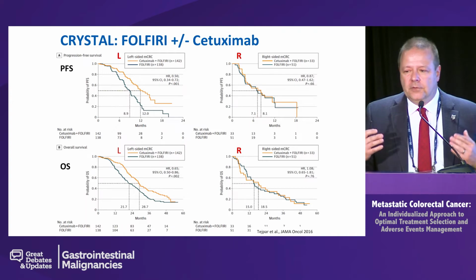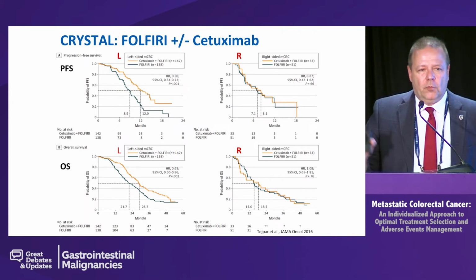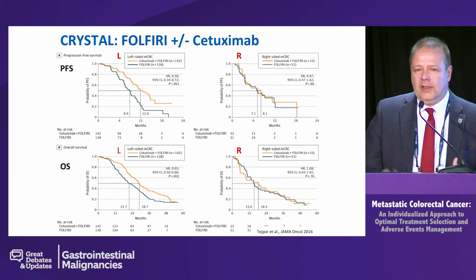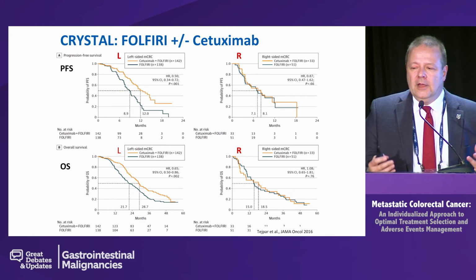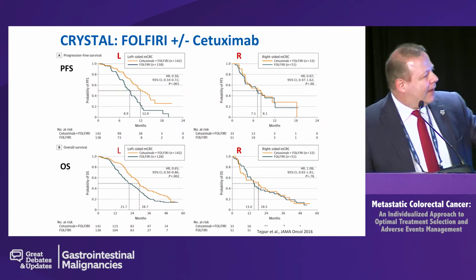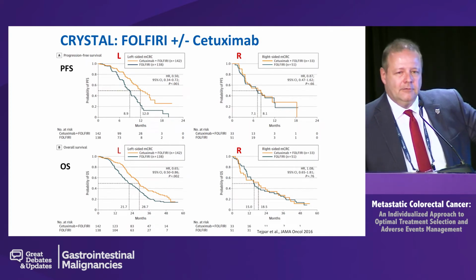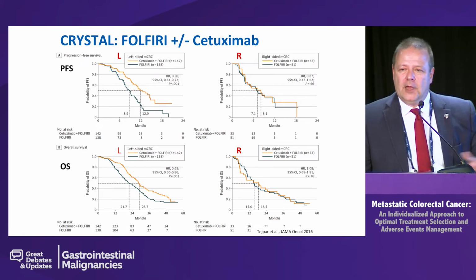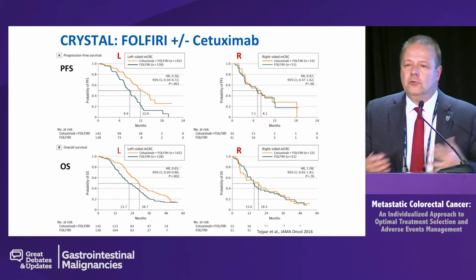Eric's CRYSTAL study, Eric was the one who really moved cetuximab in this study into first-line treatment for RAS, actually at that point, KRAS wild-type tumors. But we see that in right-sided tumors on the right-hand side, naturally, there's no difference in progression-free survival and overall survival with the addition of cetuximab to FOLFIRI.